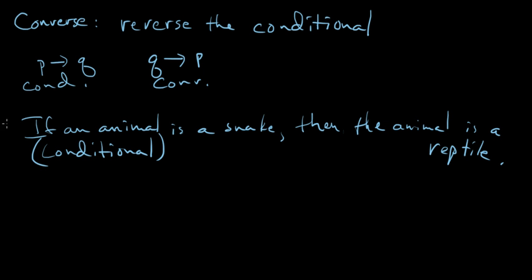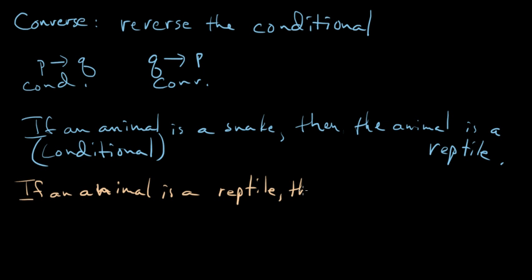Well, we're going to look at the converse of that. And the converse says if an animal is a reptile, then the animal is a snake. Now, this is the converse, okay?